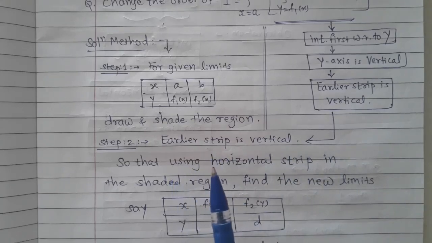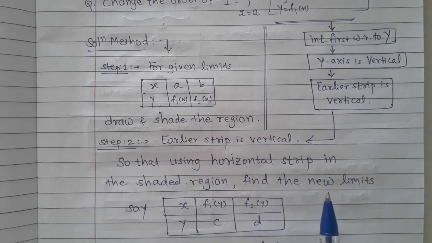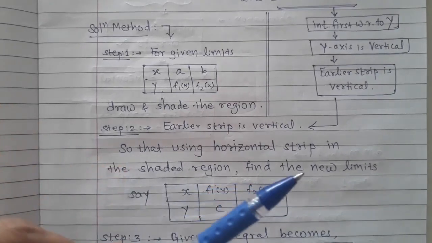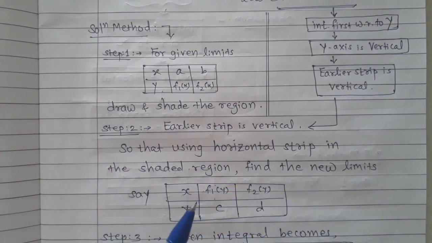So we will now use horizontal direction to find out the new limits in the shaded region. By that horizontal direction from left to right, we will get the new set of limits, say x equal to f1(y) to f2(y) and y equal to c to d.